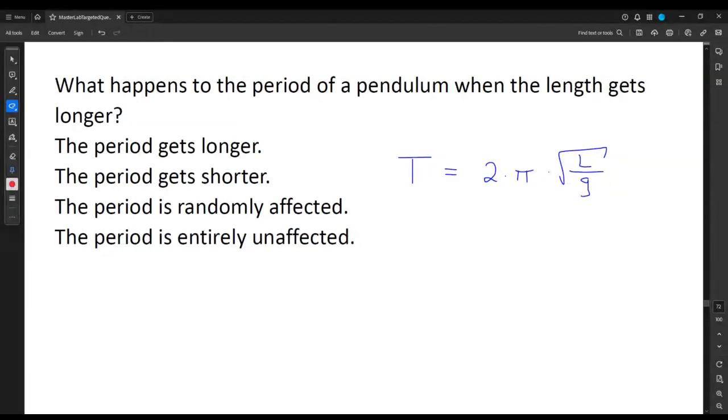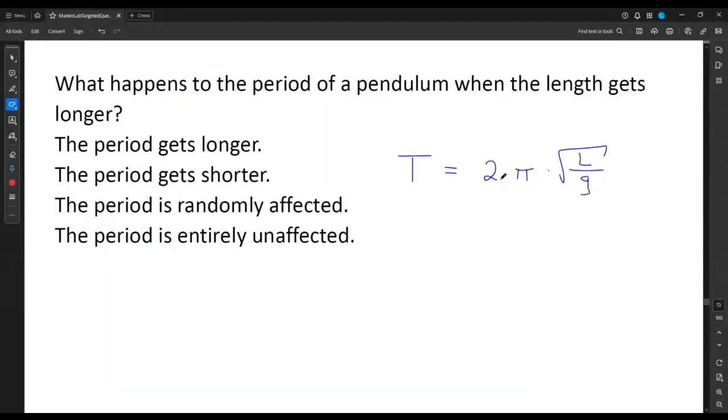Okay, so because 2 and pi are just constants related to radians and how the calculus for how things move in this way, if we're just looking at the length, that's not going to contribute between different questions. It's not going to make any differences. If we're assuming gravity's held constant because it's not mentioned here, we just have that the length is changing.